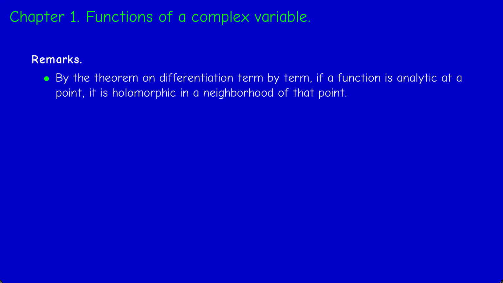One of the themes of this course is to prove that they are generally equivalent. The first thing we remark, by the theorem on differentiation term by term, is that if a function is analytic, so locally the sum of a power series, then the sum of the series is holomorphic on a neighborhood of that point. So analytic at a point implies holomorphic on a neighborhood of that point.